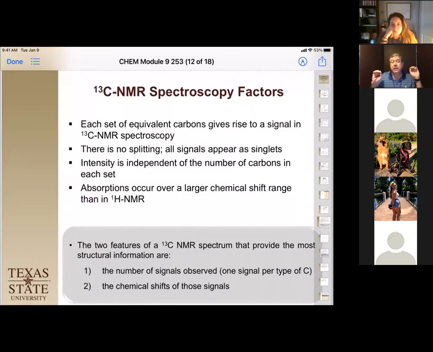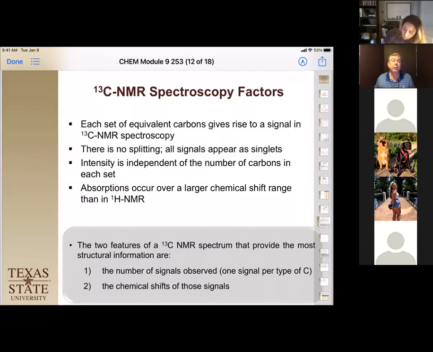And the intensity is also kind of relative to the number of carbons, but we really don't usually use intensity in this. So that means we have 2 factors we care about with carbon-13 NMR: the number of signals observed, which means the different types of unique carbons, and their chemical shifts. The chemical shifts are in the same order as those in proton NMR, although they're shifted a greater amount, okay?